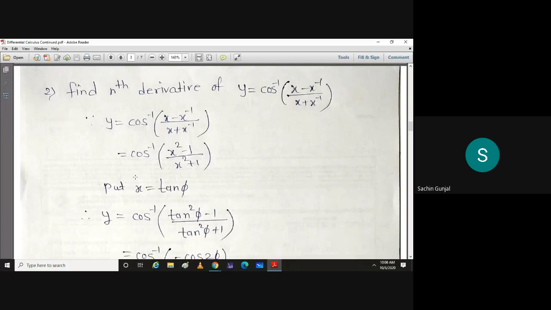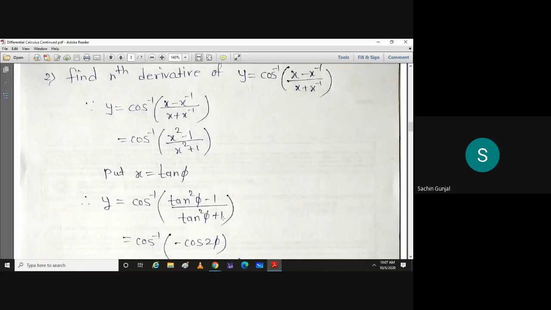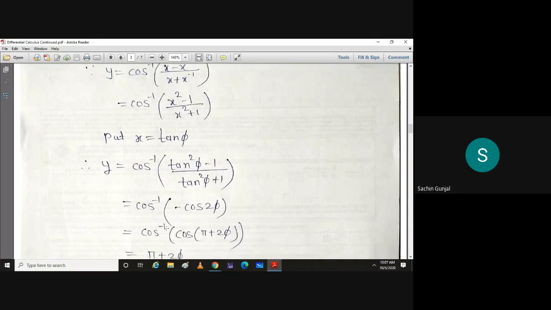So x is equal to tan phi will suffice the requirement. So x is equal to tan phi will give us y is equal to cos inverse of tan square phi minus 1 upon tan square phi plus 1, which is nothing but minus of cos of 2 phi.